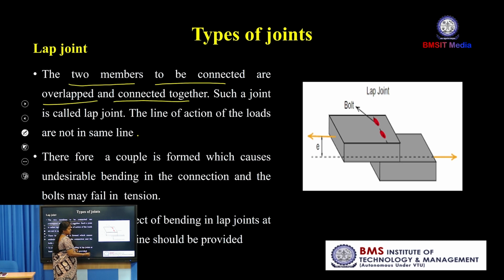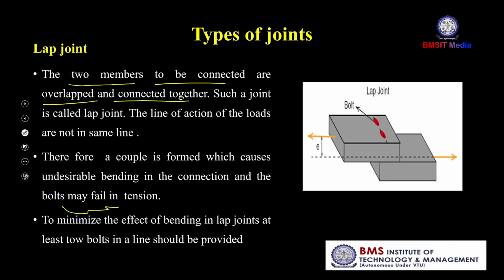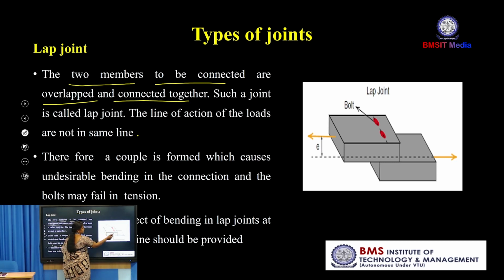If we apply the tensile force, some eccentricity will happen due to this eccentric load, because here the line of action of load is not in the same line. Same line means this is the same line. Here one load is acting here, another load is acting here.